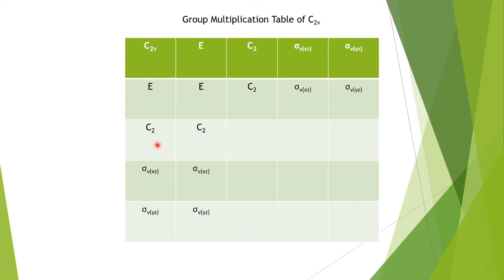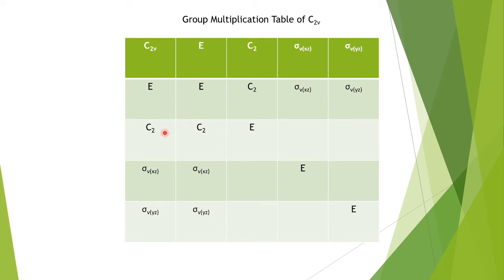So here you can see C2 into C2 will be E, sigma V XZ into sigma V XZ should be E, and sigma V YZ into sigma V YZ should be E. So we'll have it like this. Here the diagonal will be all identity operation E.